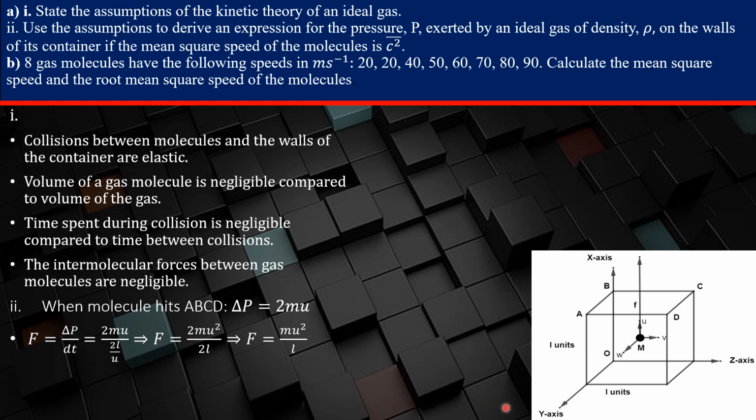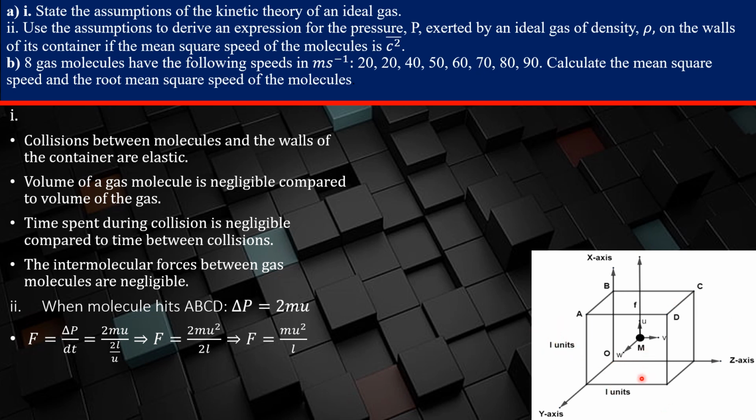And what is the time? Remember that you're traveling from here to here and back. So for me to move from this wall, get over here, hit this wall, and then get back here, I need the dimensions of this cube, which is basically L by L by L units.